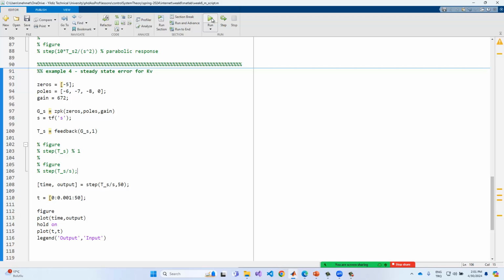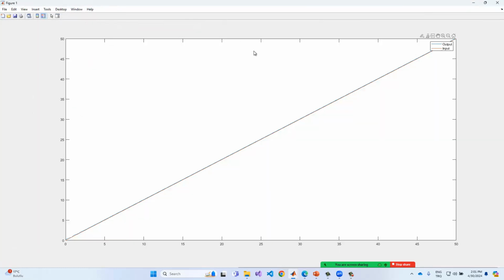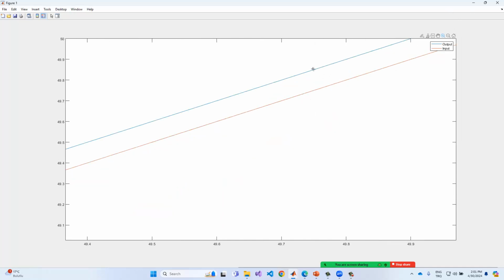Okay, and so just see that this signal is always constant between these two values, right?